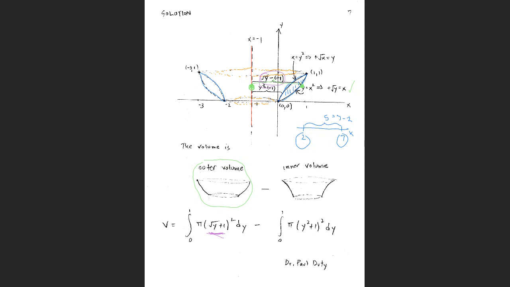The inner volume is going to be... okay, the inner volume is, I'm sorry, the inner radius is this radius. So you're going from the axis of rotation to the function x equals y squared.